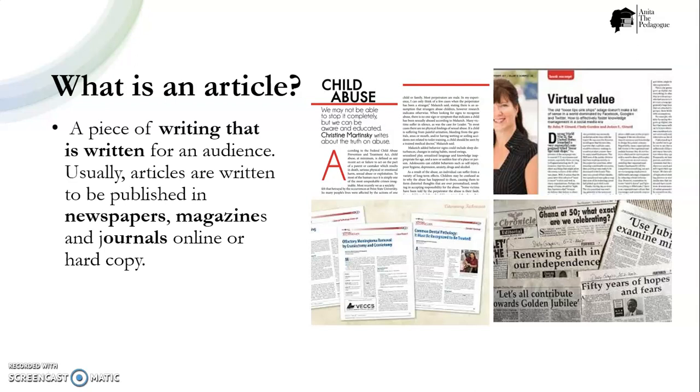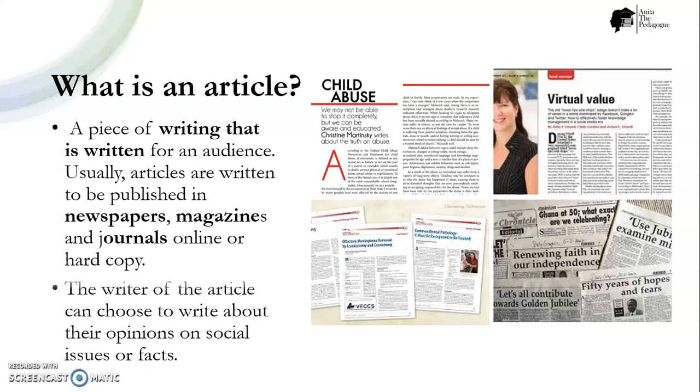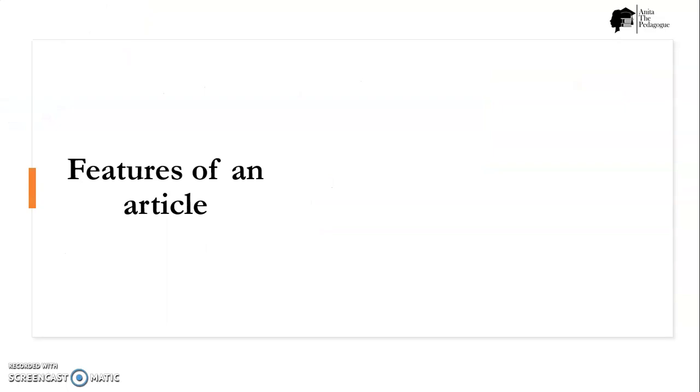Now, a piece of writing that is written for an audience is an article, and usually articles are written to be published in newspapers, magazines and journals, online and in hard copy in newspapers that you find in offices and towns. The writer of the article can choose to write about their opinions on social issues or on facts.